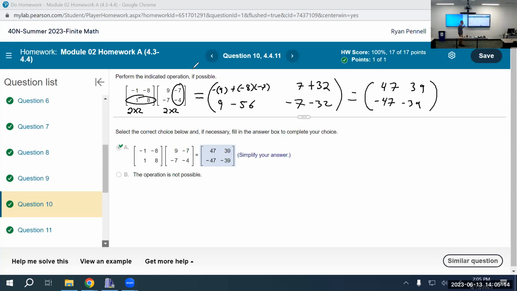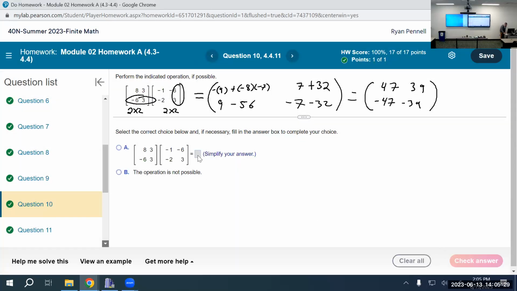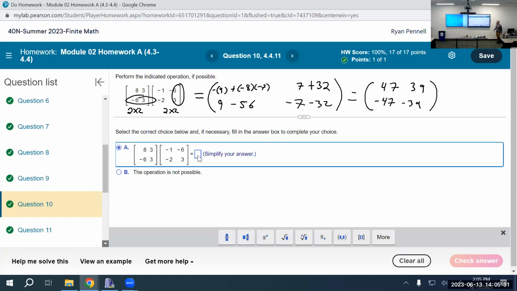One thing about the homework, can I mention? That's how to do matrix multiplication, but how do you enter this in? I just want to show this really quickly. I want to enter a 2 by 2 matrix.